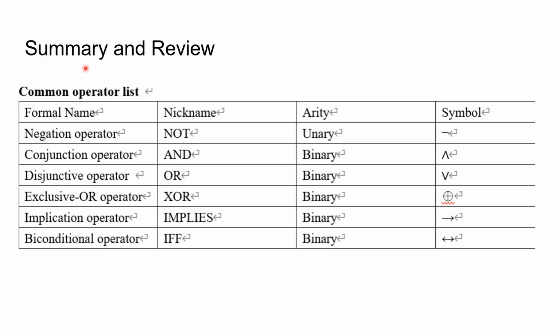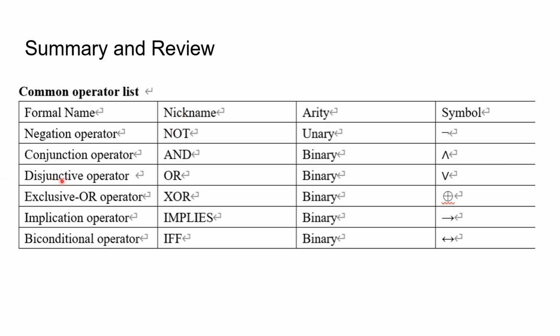Here's a summary and a review of the logical operators we learned today. First, the negation operator, also called NOT, is a unary operator, and its symbol looks like this. Second, the conjunction operator, also called AND, is a binary operator. It looks like this.